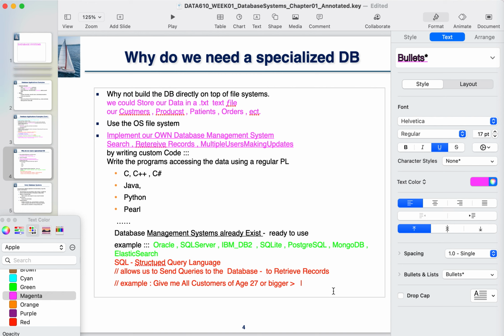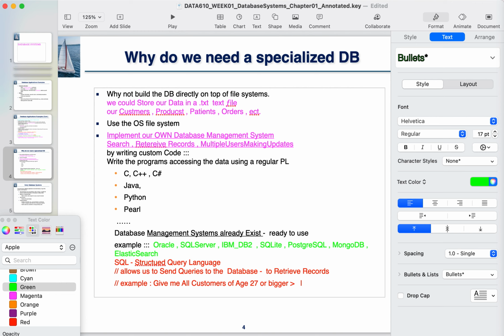It also maintains backups of the data in case they get lost, and it's able to restore them. And some of those, like Elasticsearch, are able to maintain big data, right?